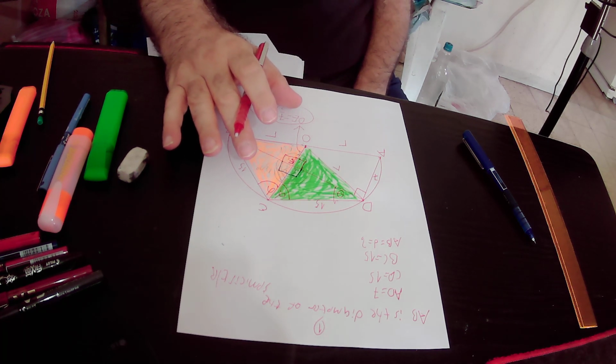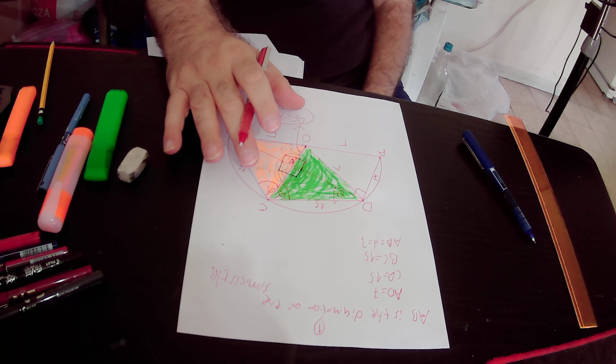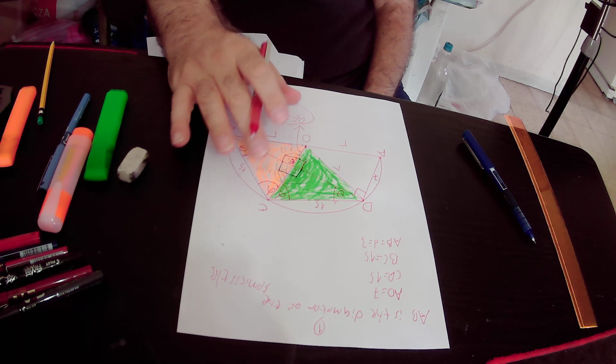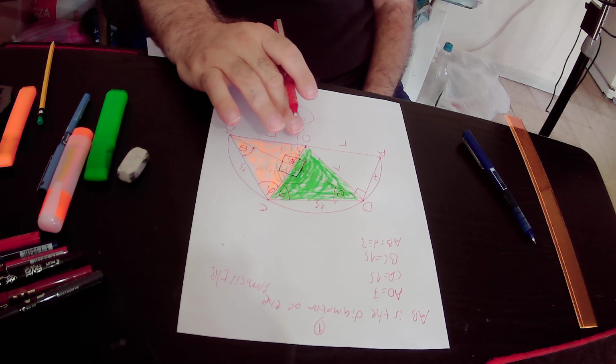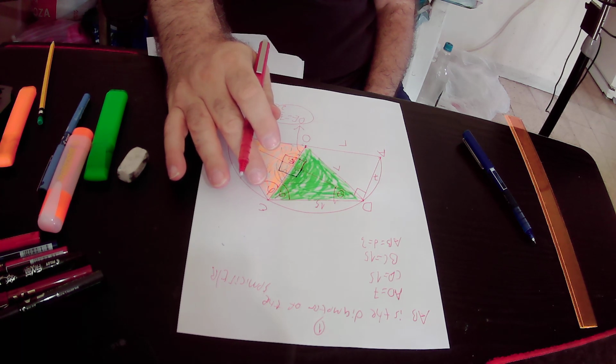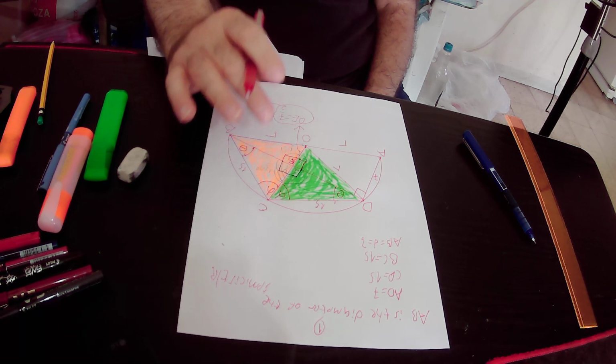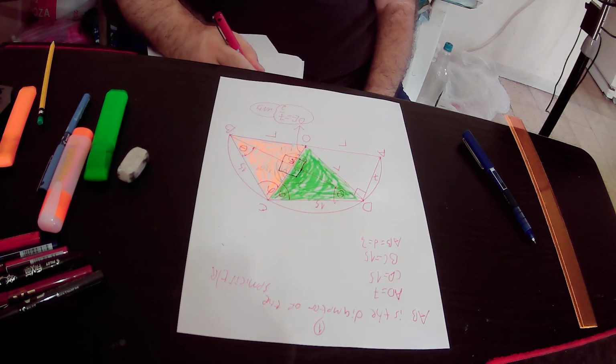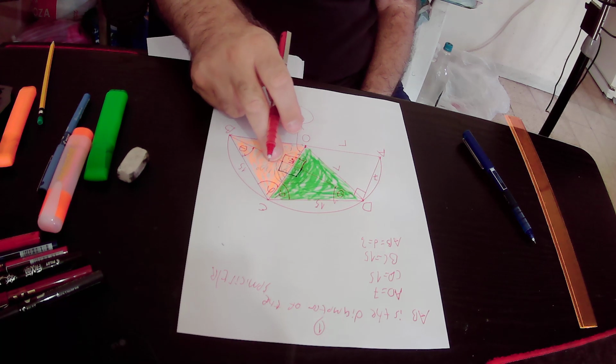I've already shown you that OC is the radius of this semicircle, because it starts from the center of the semicircle and ends at point C, a point on the semicircle itself. So OC is the radius, so it equals R, minus OE.